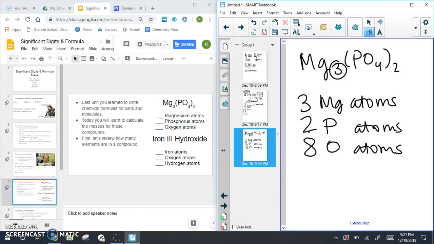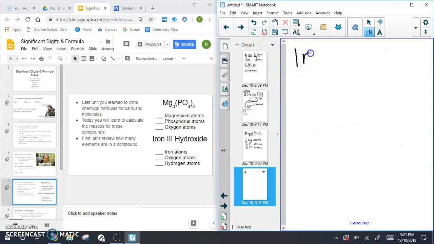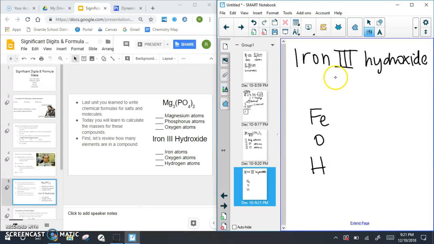Now I have another example. You'll see it's already on the board. Iron(III) hydroxide. I want you to take a minute and pause. Do that one real quick. You'll notice you'll have to write the formula for this before you can find out how many there are. I'm going to have to bust through this for sake of time, so I'll pause it right now before I write down the answer. So iron is Fe.